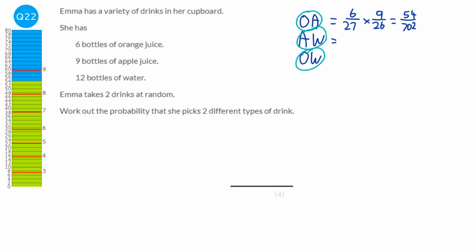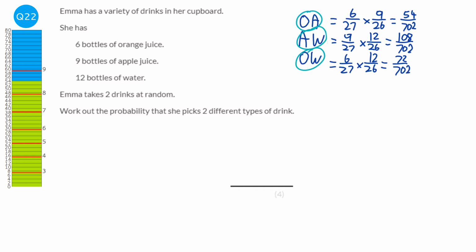Apple juice then water would be 9 over 27 and then 12 over 26. And so that would be 108 over 702, and then orange juice then water will be 6 over 27 and 12 over 26, and that would be 72 over 702.